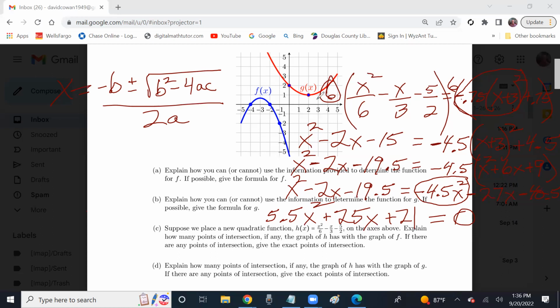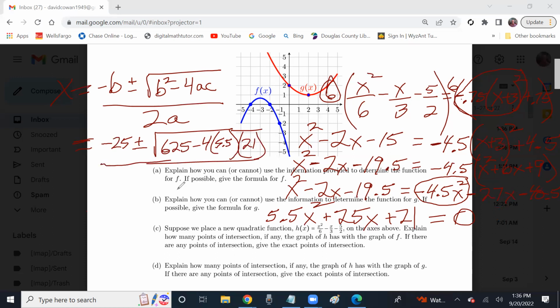It may be much easier to solve, but to solve it here, what's minus b? Let's just lay it out with numbers and then I'll let you take care of the rest. That'd be minus 25 plus minus square root of 25 squared, which is 625, minus 4 times 5.5 times 21, all over 2 times 5.5.